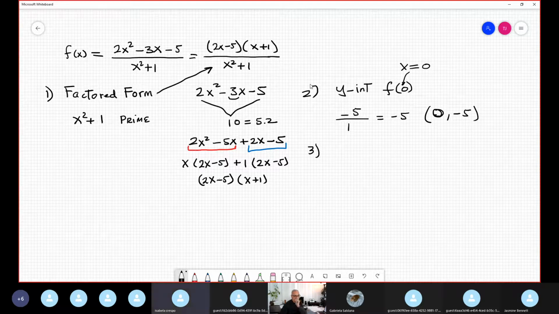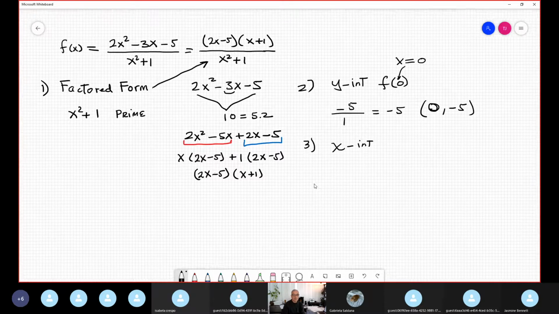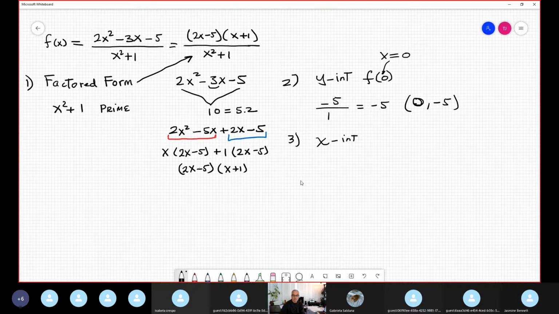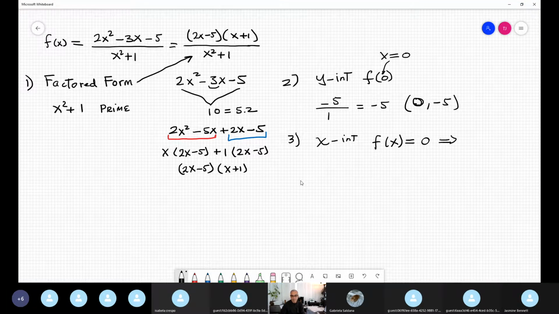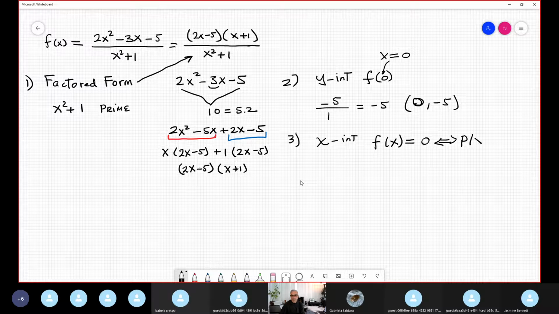Find the x-intercept. And what is the formula for finding the x-intercept? f of x equals 0. She said f of x equals 0, which is equivalent to saying p of x equals 0.